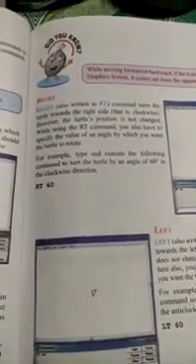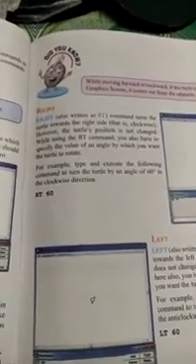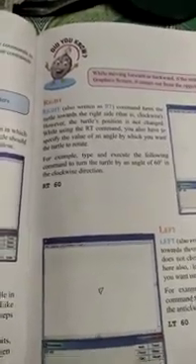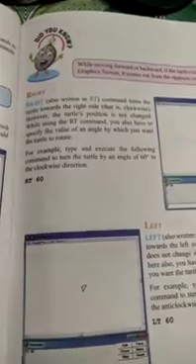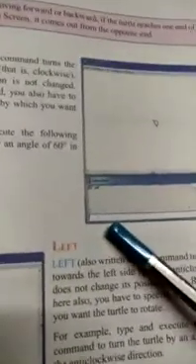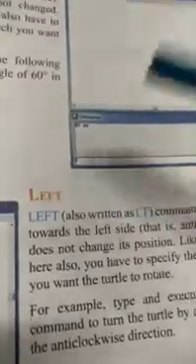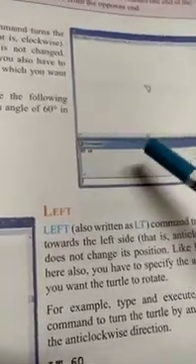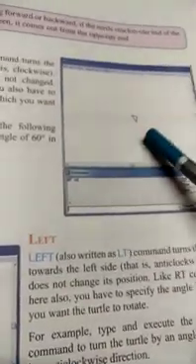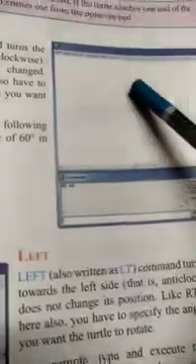While using the RT command, we also have to specify the value of an angle by which we want the turtle to rotate. RT 60 is written here. If I type RT 60 in the input box, we will see our turtle rotate 60 degrees clockwise.